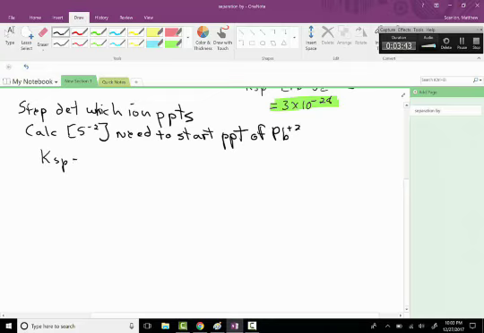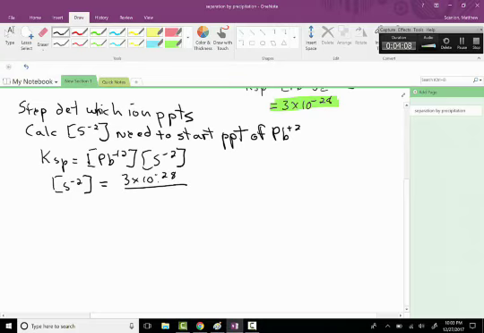KSP equal to concentration of Pb plus 2 times concentration of sulfide minus 2. And I know the concentration of lead, it's 0.100. So the concentration of sulfide needed to start precipitation will be the KSP, which was 3 times 10 to the minus 28th, divided by the concentration of lead, which was 0.100 molar, and that gives us 3 times 10 to the minus 27 molar.